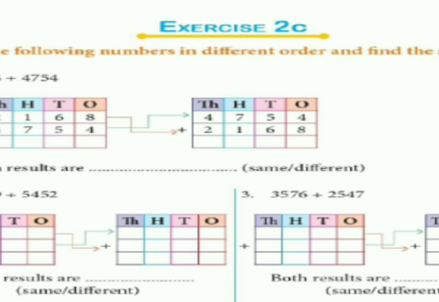4754 is on the upper side. So they are just asking whether the result of your addition will be the same or not. So we have to check only whether our result is the same or not.